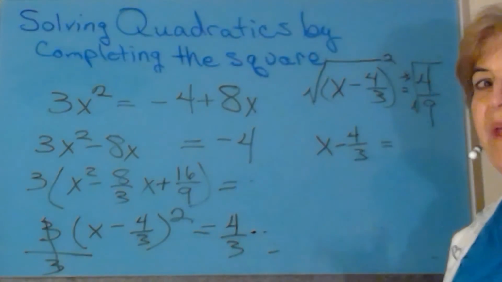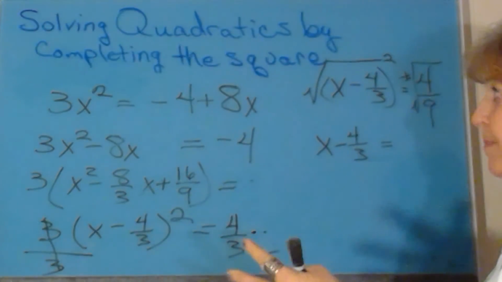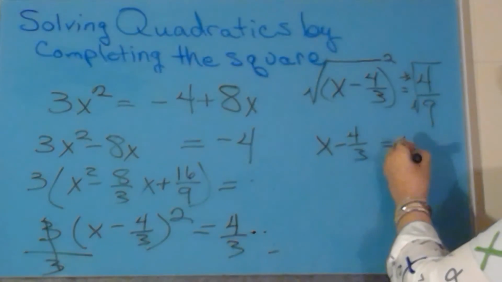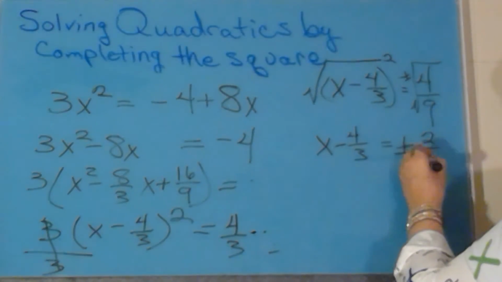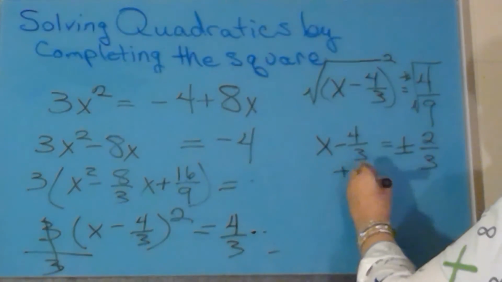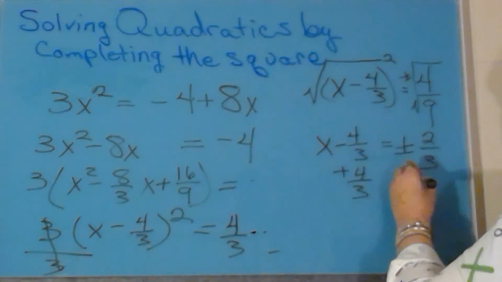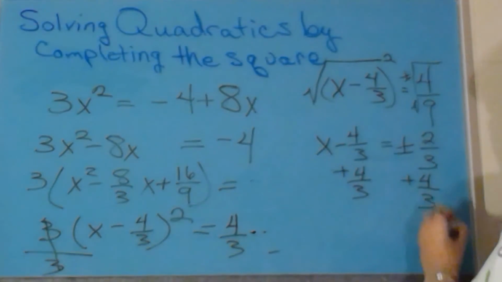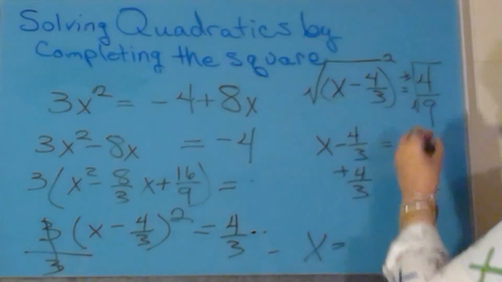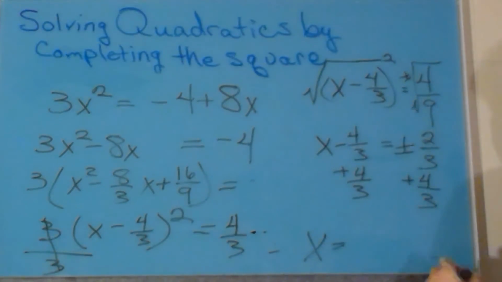I told you that often with these problems, the fractions work out really well. We end up with plus or minus 2/3. And we're going to add 4/3 to both sides.